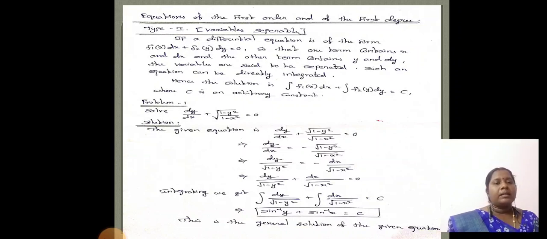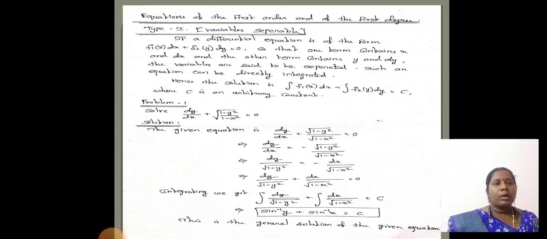We know that the integral of dx by root of 1 minus x square equal to sine inverse of x. By using this formula, we get the next step, sine inverse of y plus sine inverse of x equal to c. So, this is the general solution of the given equation.